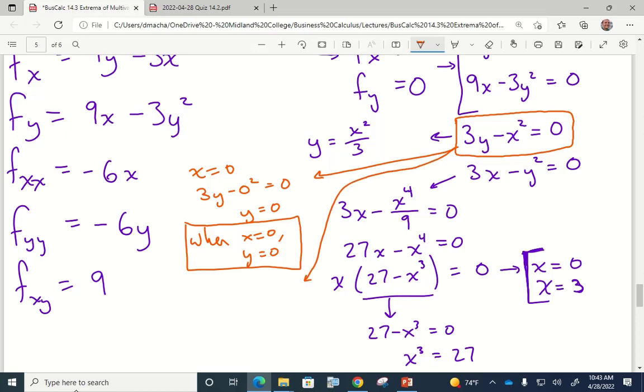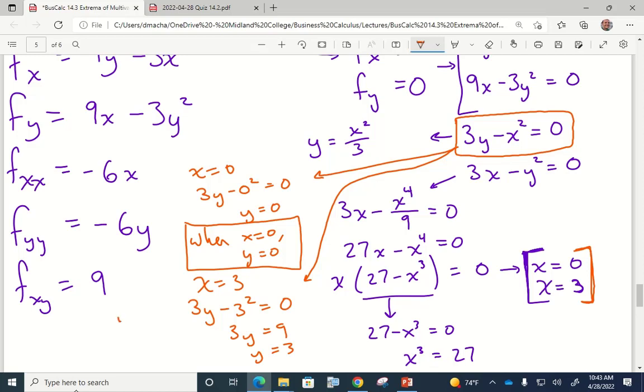Okay, so what if I take this equation again, and I choose my other value for x, which is x is equal to 3? Then I would have 3y minus 3 squared equals 0. So that tells me that 3y is equal to 9, or that y is equal to 3.